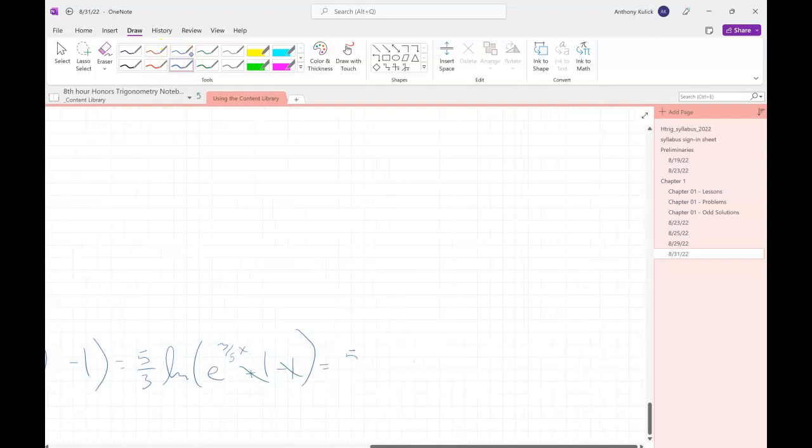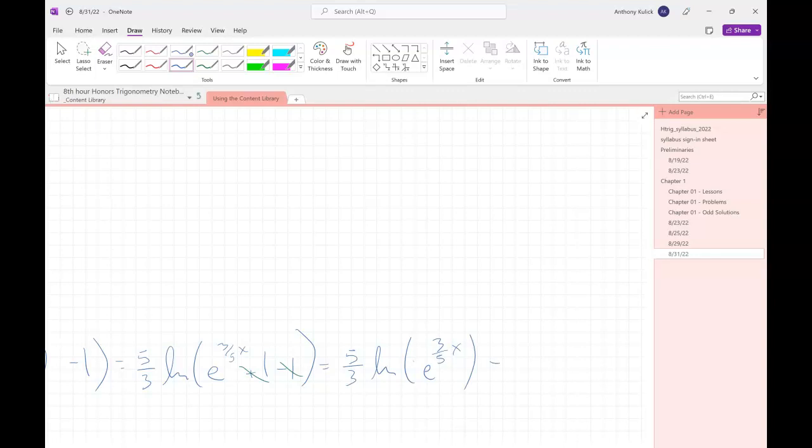Then the log e's and the exponent can go bye-bye. How's that feel? It's all right?